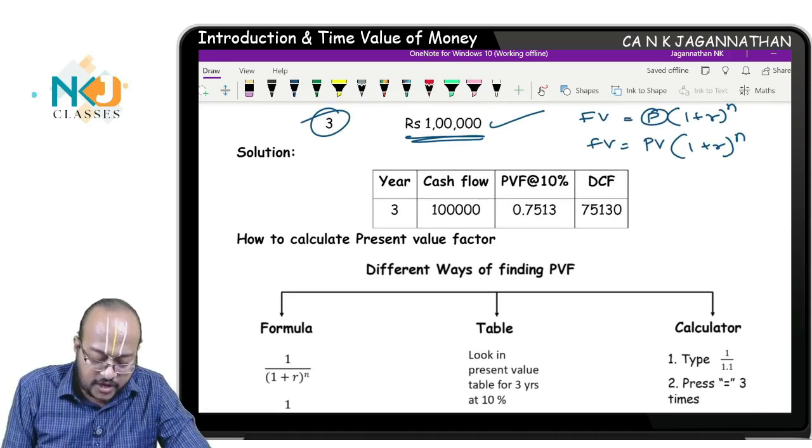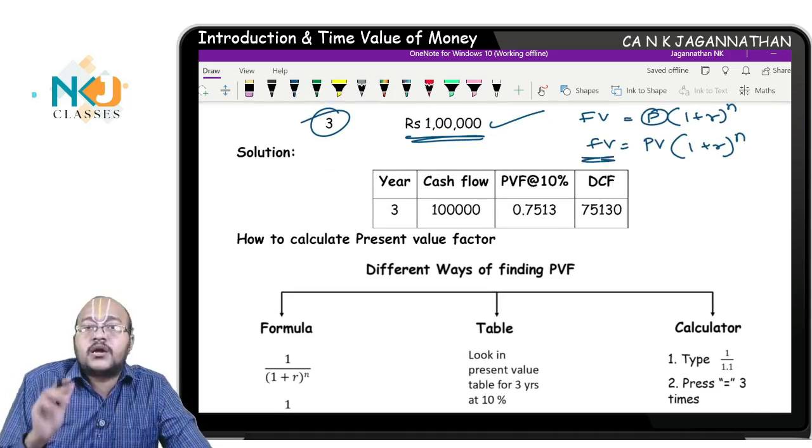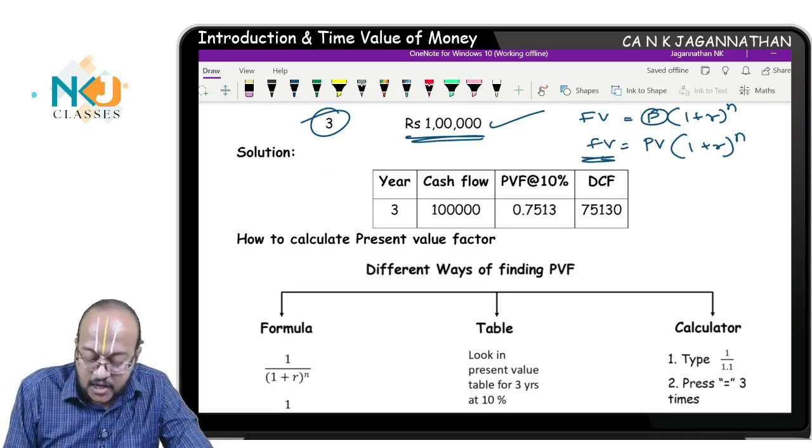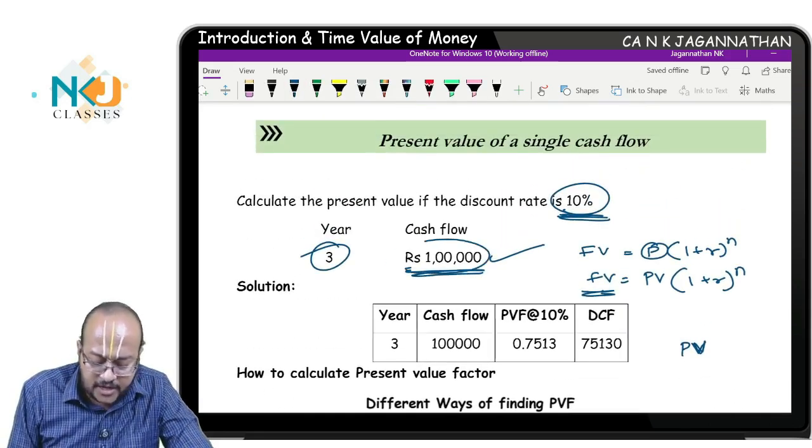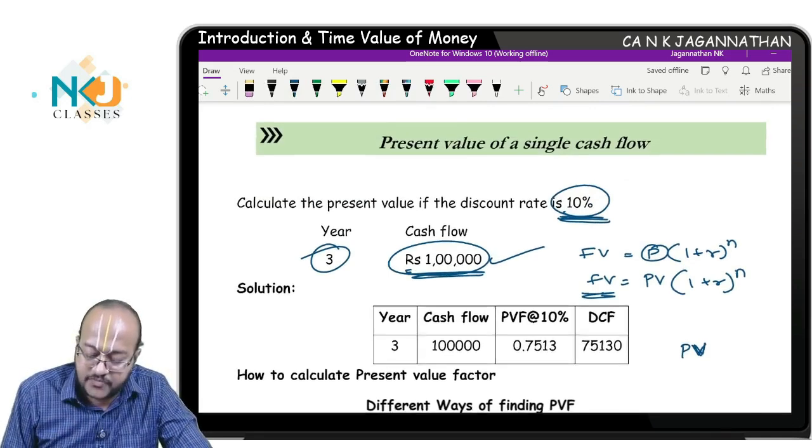Here future value is 1 lakh. So how much do you need to deposit today, so that after 3 years the value becomes 1 lakh? That is the question.